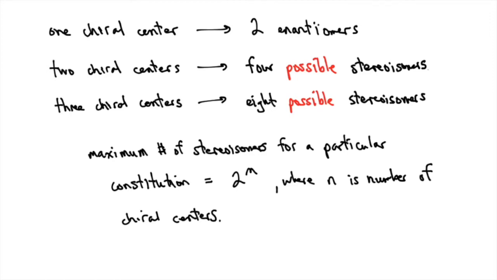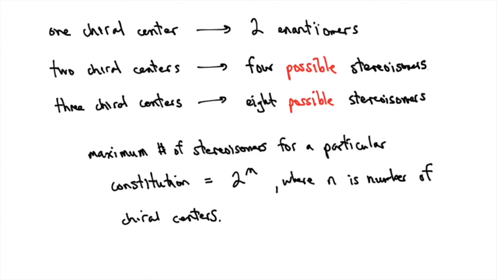Have to proceed with caution, however, because some of the stereoisomers in the total possible number may be meso and therefore identical to some of the others. And this will reduce the overall number of stereoisomers by a couple.